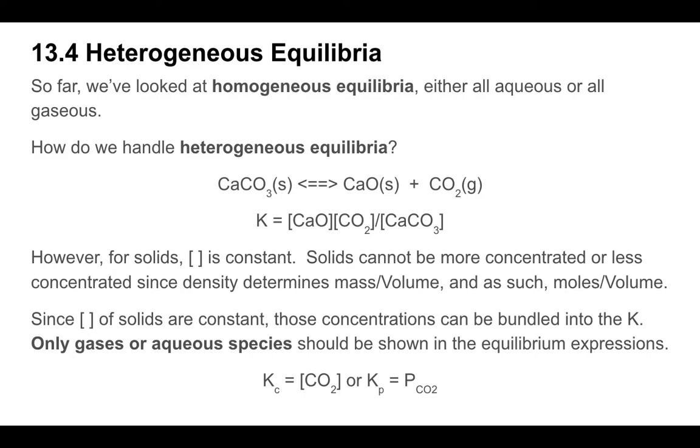So Kc in this case would actually be just the moles per liter of CO2. And Kp would be the pressure of CO2 at equilibrium. You would not include the CaO and the CaCO3, they're solids.